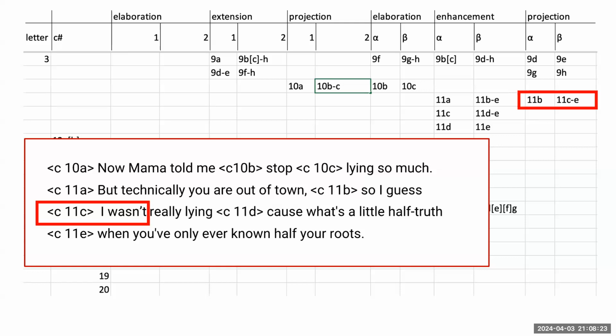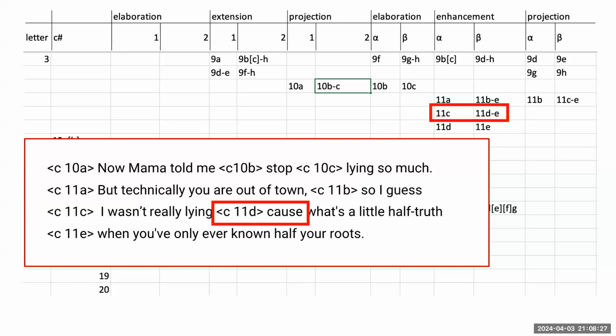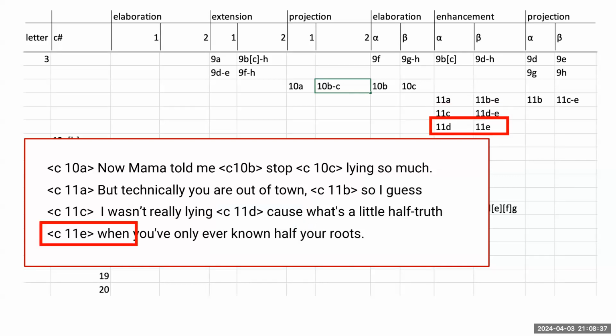Again, indirect speech, 11B, and then C through E. I wasn't really lying, 9D, C, cause, enhancement. D and E, when you've only ever known half your roots.